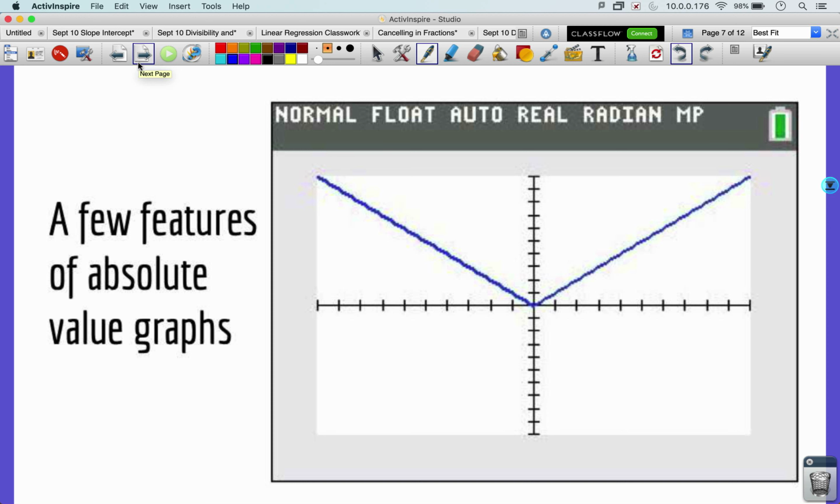All right, so first, as we get more into graphing absolute values, we need to be able to talk about their different features. The point at which the absolute value bounces, the tip of the V, is called the vertex. This graph right here, where the vertex is at 0, 0, is probably the graph y equals the absolute value of x.